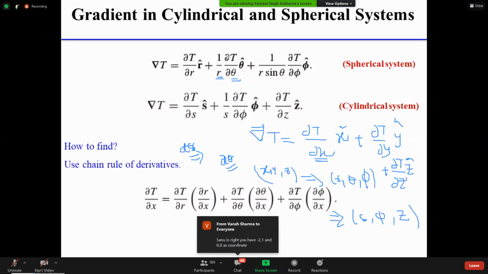So instead of del T over del theta, you should have del T over r d theta. Similarly, a small displacement along the phi direction is given by r sine theta d phi. So instead of simply del T over del phi, you should have del T over r sine theta d phi. Similarly, you can use it for cylindrical systems.